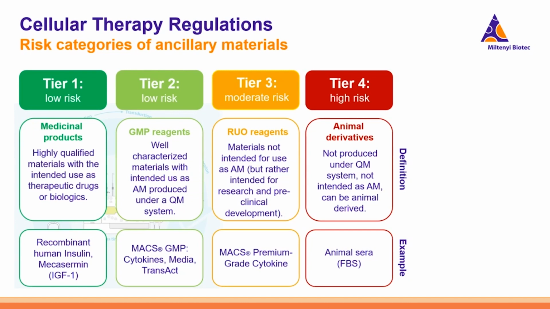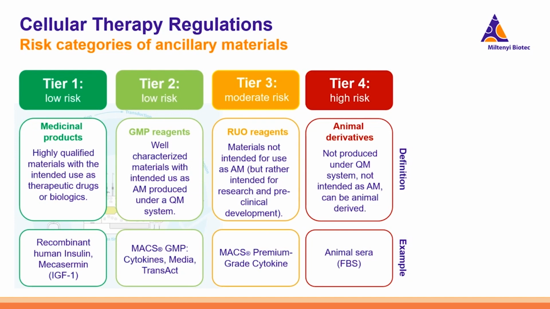Tier 1 would be, for example, medicinal products themselves. These are very highly qualified materials with the intended use as therapeutic drugs, for example recombinant human insulin or recombinant IGF-1. If you would employ that in your cellular therapy, the risk would be very, very low, because the component you're going to use is actually intended to be injected into a patient.